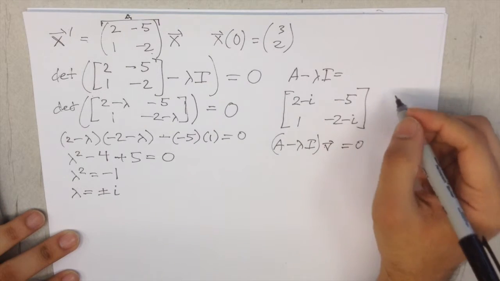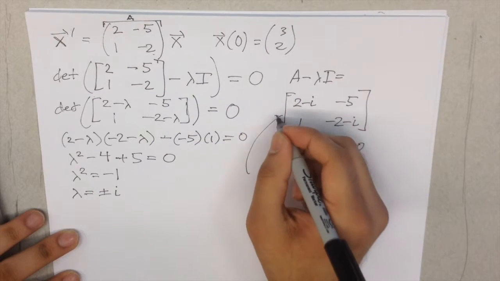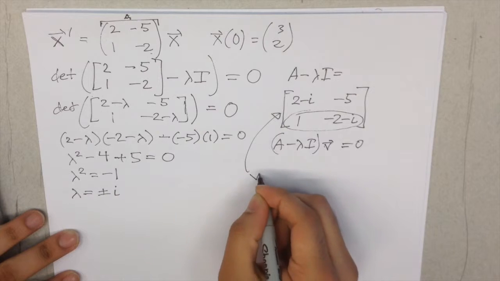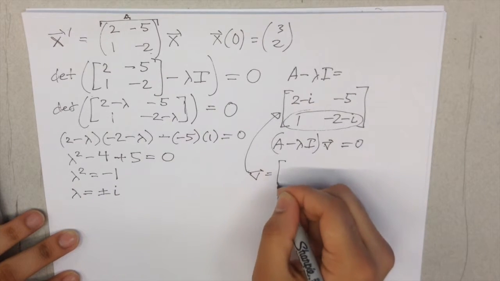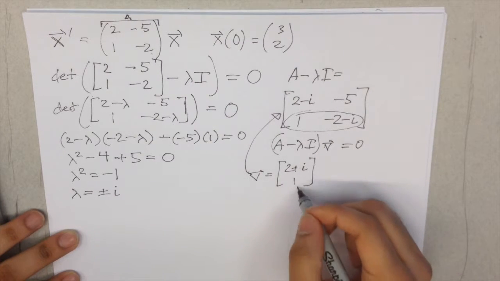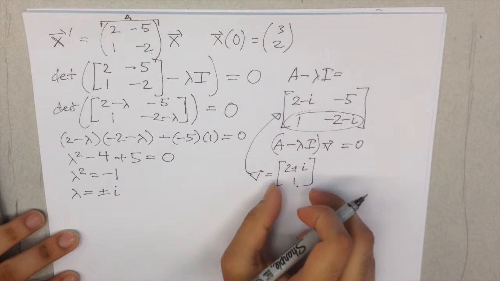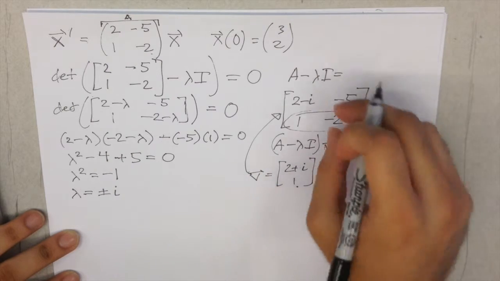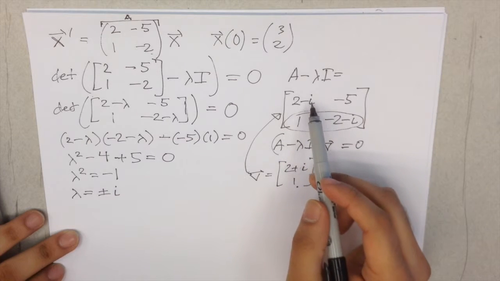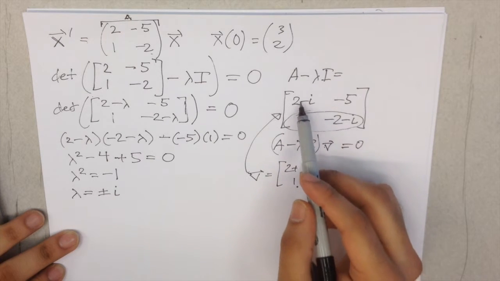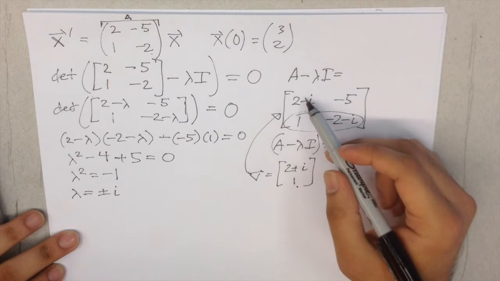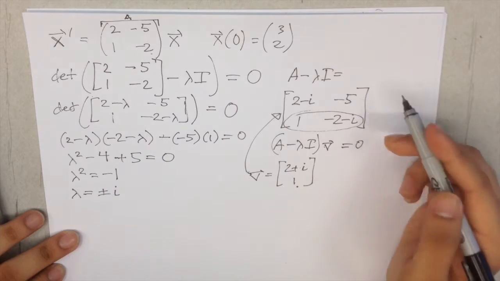So if we look at, let's say, the second row, our guess is that V is equal to 2 plus i and 1. Now let's check this. If I multiply 2 plus i times 2 minus i, I get 2 squared plus 1 squared, so I get 5, and I multiply -5 times 1, so I'll get 5 minus 5, which is equal to 0.